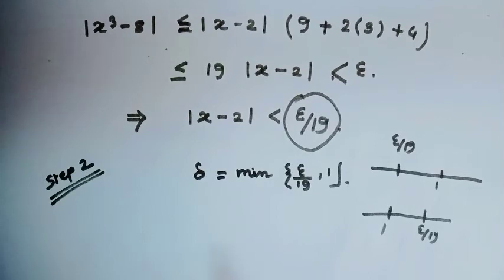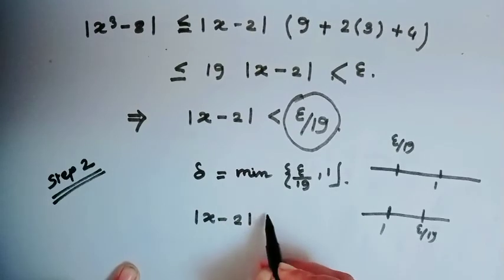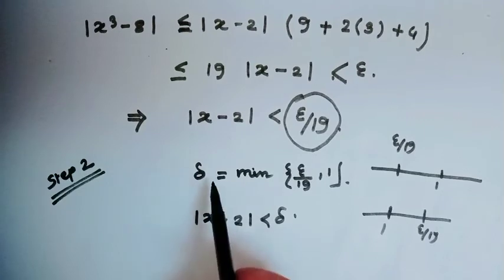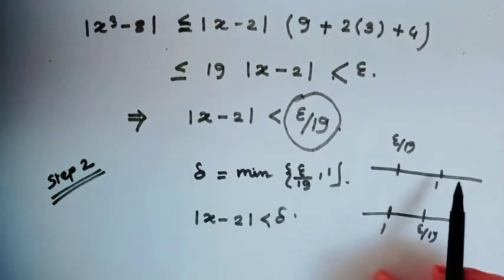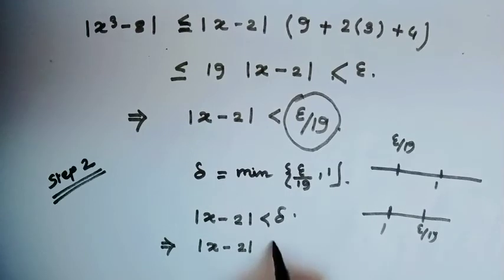Now look, the absolute value of x minus 2 in the definition is always less than delta. That means if we choose this interval, then since the absolute value of x minus 2 is less than delta, where delta equals the minimum of epsilon over 19 and 1, this value, the absolute value of x minus 2, is always less than 1.